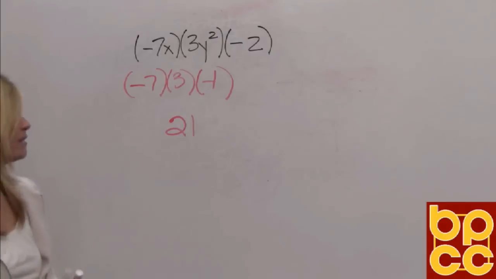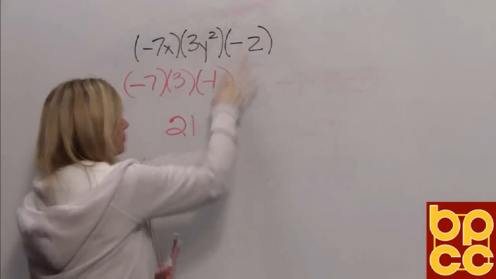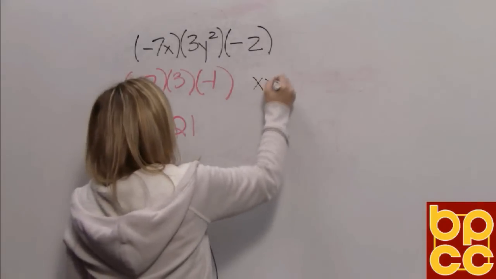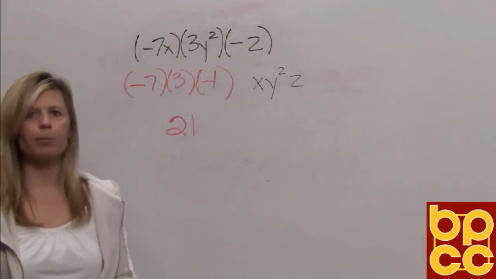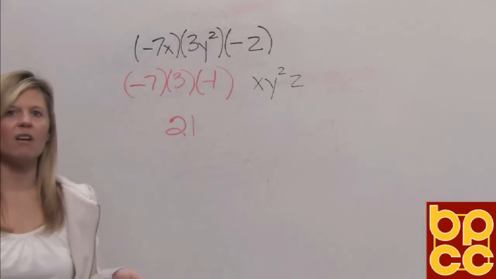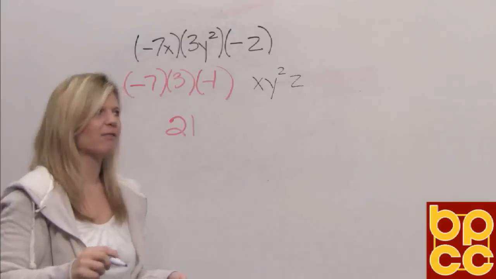Then we're supposed to multiply the variables. We have an x, a y squared, and a z. Well, they are not the same base. All of those variables are different. So you cannot do the product rule and add the exponents. So the way we solve multiplication of variables in algebra is we just write them side by side in alphabetical order.